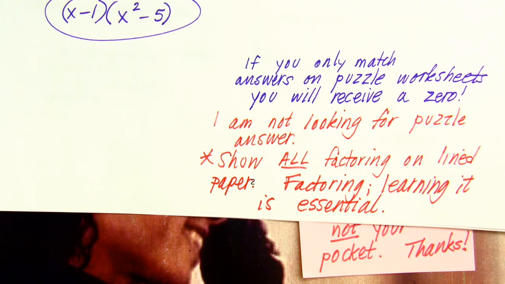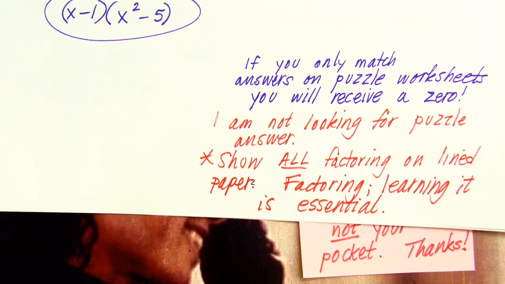Okay, do not let this go. Please, please, please. Again, one last time. If you only match answers on a puzzle worksheet, I will give you a 0. I'm not looking for puzzle answer. I want you to show all factoring on lined paper. Factoring and learning it is essential to be successful in the rest of Algebra 2.